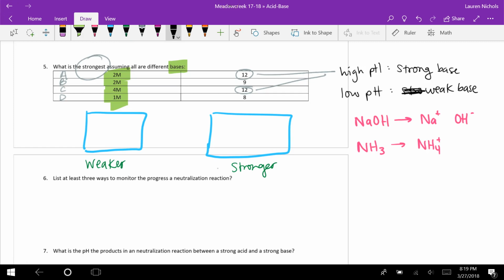This solution, let's say it's made up of A, and A is an orange molecule and a yellow molecule. Well, if it's really strong, that means that all of the molecules will 100% dissociate. They're all broken apart, okay?